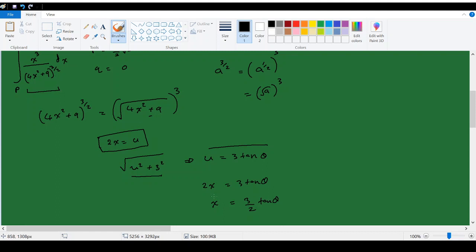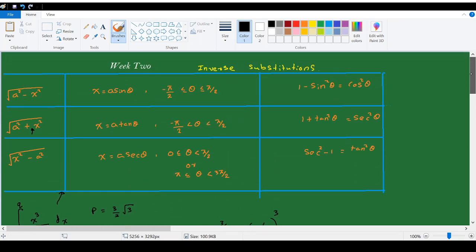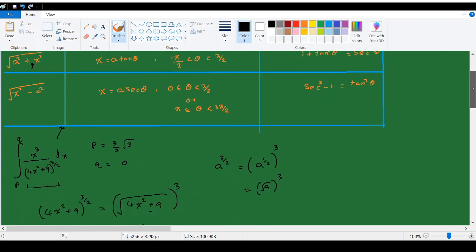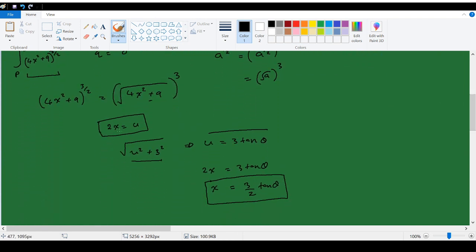Now, we should proceed with this substitution. So this is not exactly one out of the three categories in the inverse substitution table, but we can do some little readjustments and get the appropriate substitution, right?